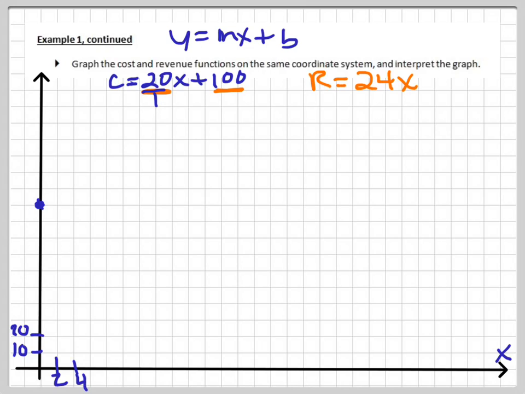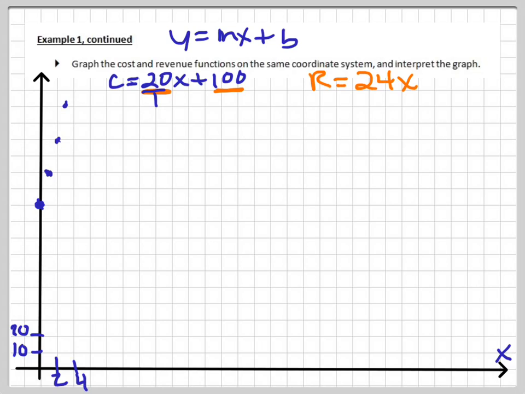Every time my x increases by 1 unit, I would go half a square to the right and up 2, to show an increase of 20 units for the y and 1 unit for the x. And then I would go up another 20 units by the time I'm increased to 2 units of x. And then I would continue increasing my x by 1 and my y value by 20. And that looks like that's all I can fit on this graph.